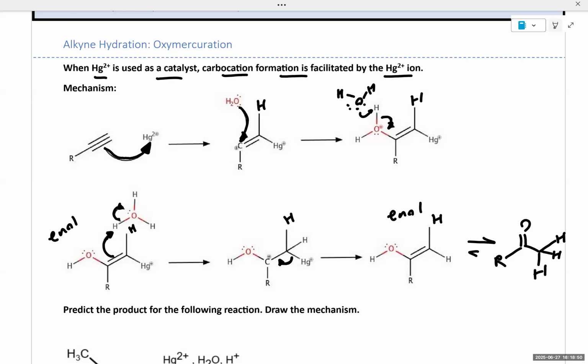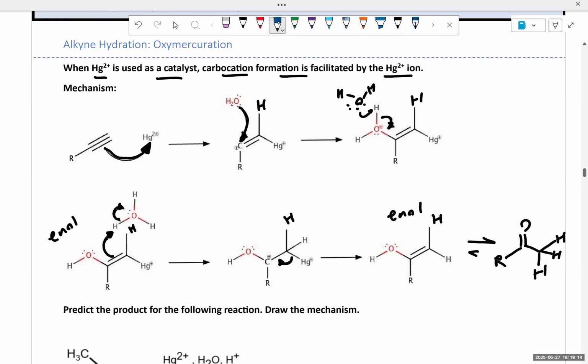So the key difference when you have mercury 2 plus, the alkyne attacks and coordinates to mercury, the carbocation's attacked by water. You protonate the enol carbon-carbon double bond, and you eliminate the mercury atom to generate your formal enol tautomer. That enol can then tautomerize to the ketone as normal.